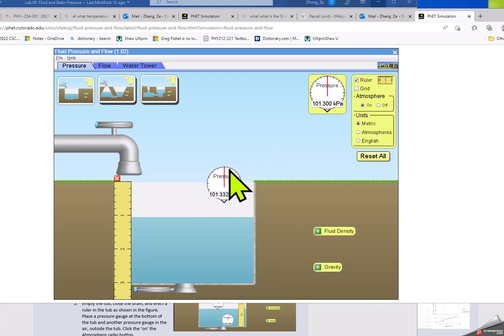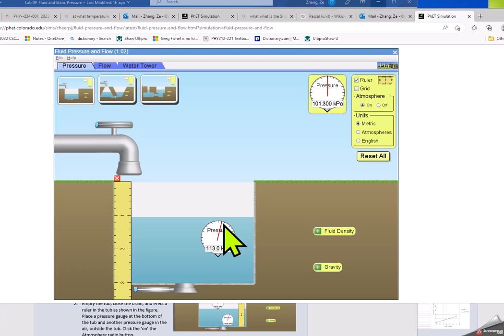But water has a much higher density than air, so it will change much faster. See, it's changing in one digit every time, about 1,000 pascals. Once you go into water, it goes very fast. Every time you go down, because water is heavy, the pressure goes up.